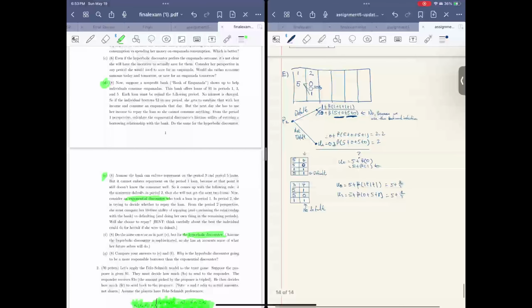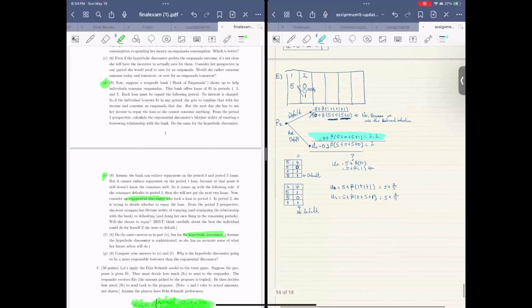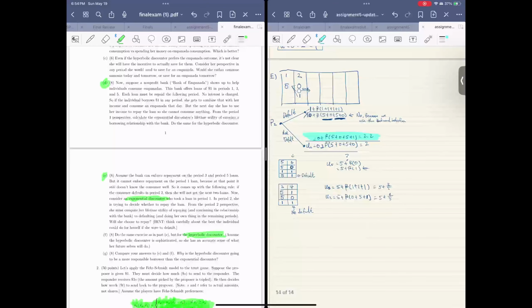We already did. It's right here. And this is what we are actually going to do in period 2. It will default in the last day. Okay, so that's for the hyperbolic.